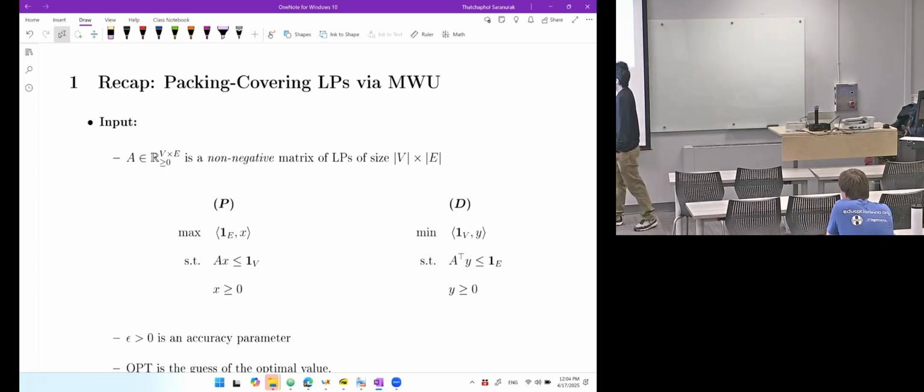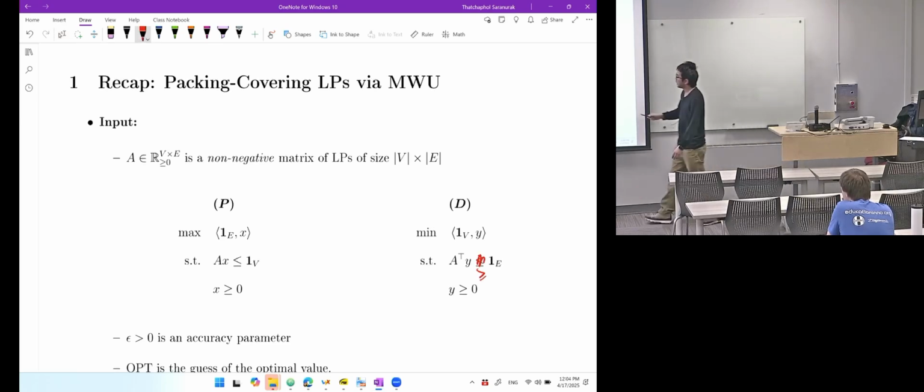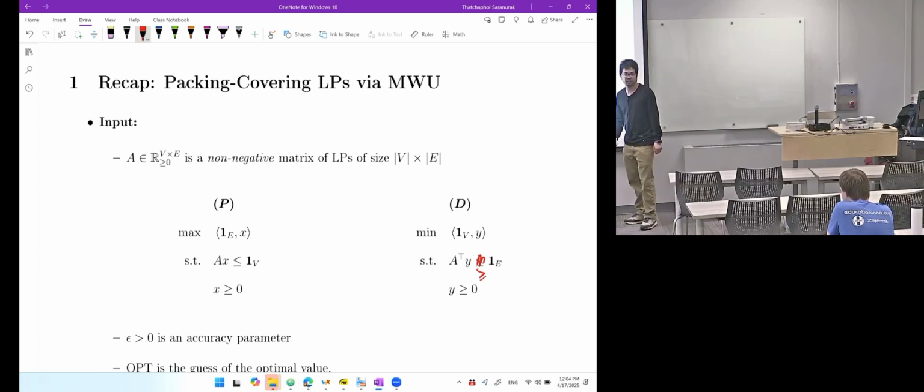The difference is that the packing LP tries to maximize, and the constraint is at most. The covering LP tries to minimize things, and the constraint says that it's at least.